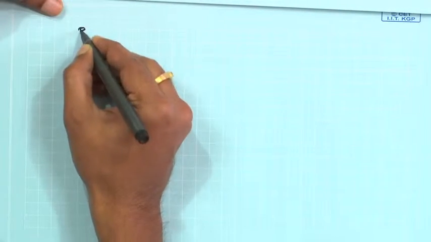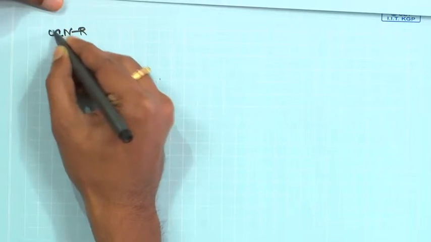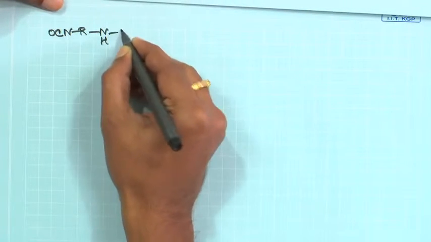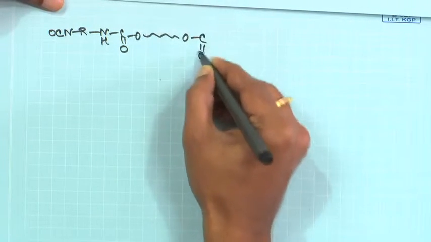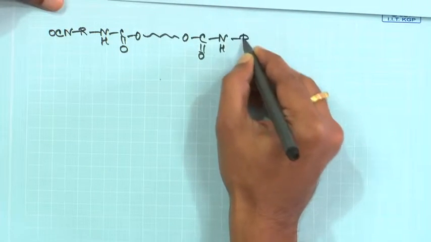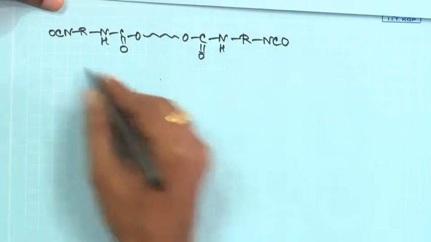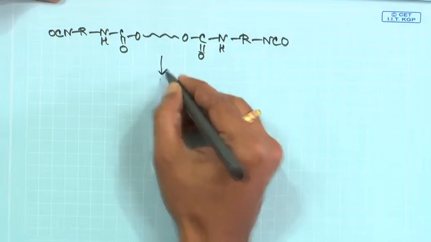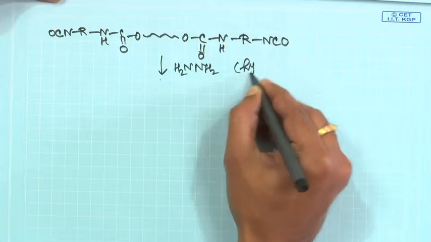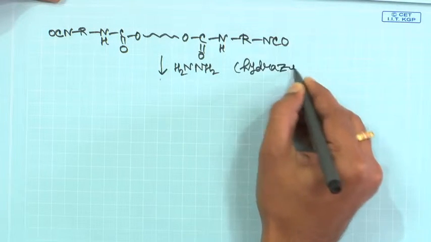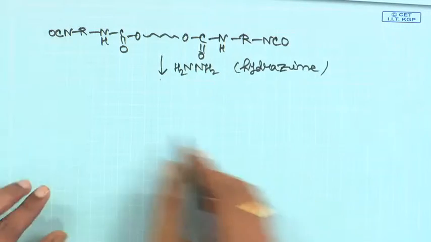So, let me draw it up again. So, you have now produced your NCO, NHCO, O. So, this is your pre-polymer. Now, this pre-polymer you are reacting with hydrazine, which is your chain extender.